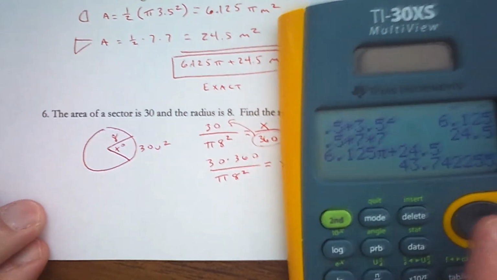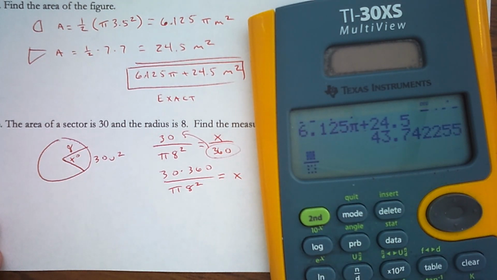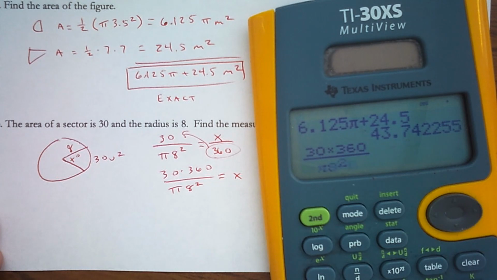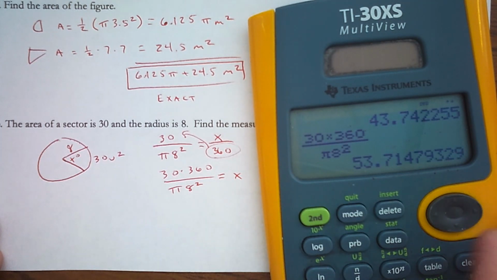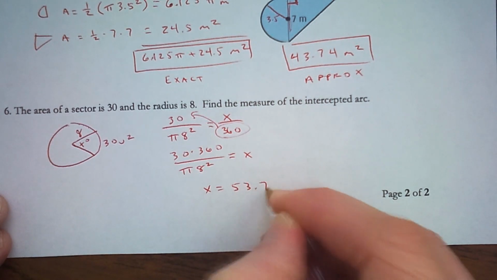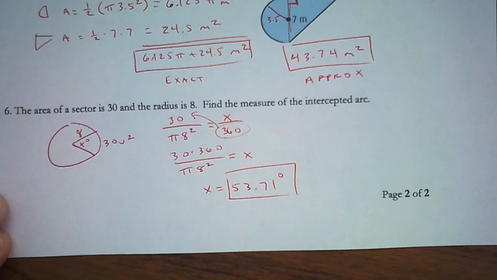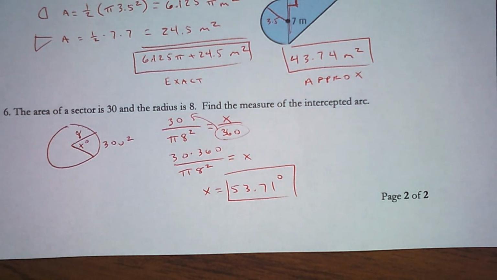We do not leave irrational numbers in the denominator, so I will put that in the calculator. So I've got 30 times 360 in the numerator, and the denominator is pi times 8 squared. And I have 53.71. So I get x is 53.71, so the measure of that arc is 53.71 degrees.